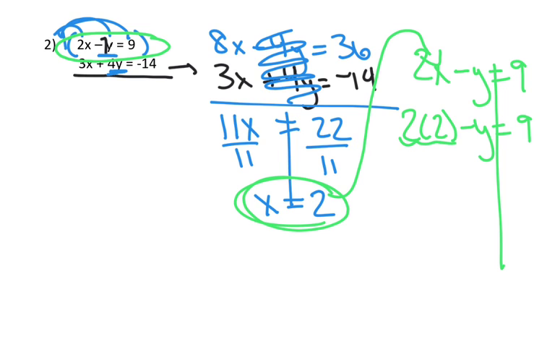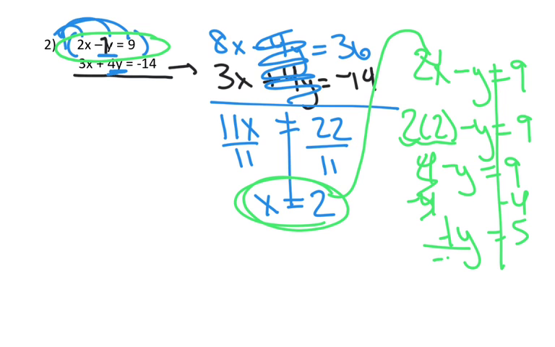I'm going to solve. 2 times 2 is 4, minus y equals 9. So I'm going to subtract 4. So negative y equals 5. But remember, this is really negative 1y. So now divide by negative 1, and y equals negative 5.